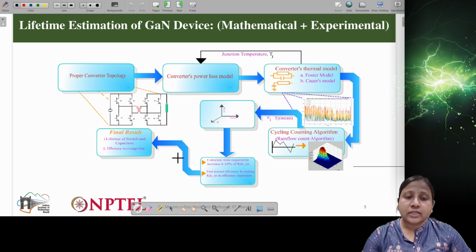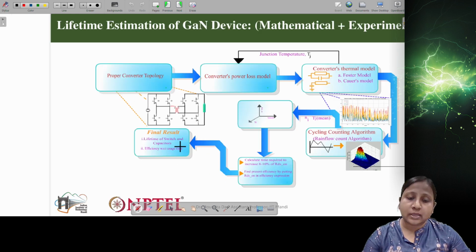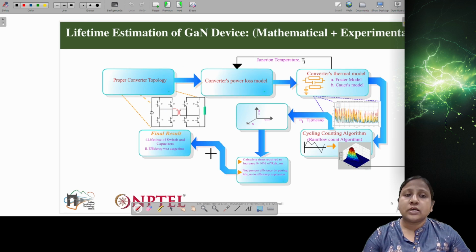This we can actually use in the final result for calculating the lifetime of the switch and capacitor, and the efficiency and the usage time. So these are the total things we have to do in order to find out the reliability of the system using any device, or from the device perspective, right?